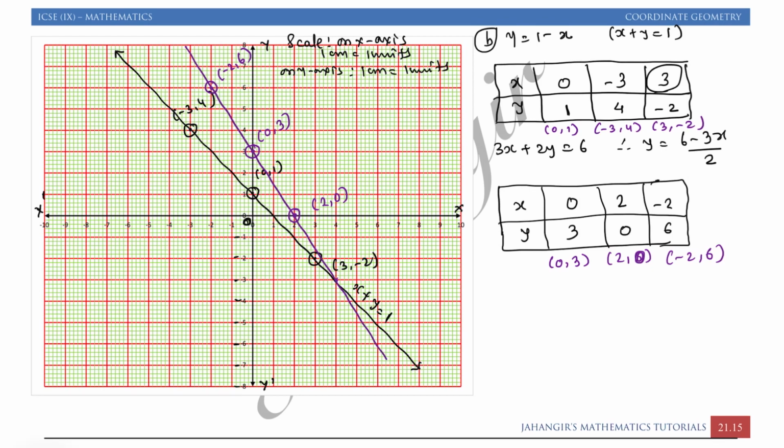If you see the purple line and black line, both lines intersect at this point. Intersection point should be a unique point. Unique point means it's always exact. In your 9th standard syllabus you will not get intersection in decimals. If you are getting decimals, that means you have done something wrong. Don't go ahead with those values. Just check all coordinates again.